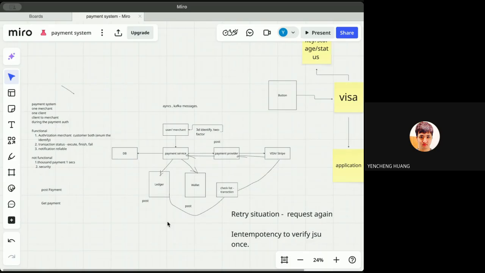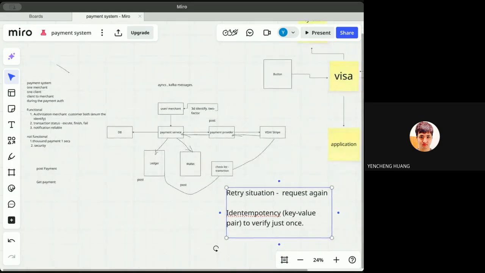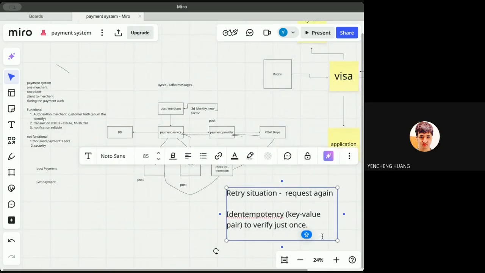So I can make sure the transaction is only one and just one.